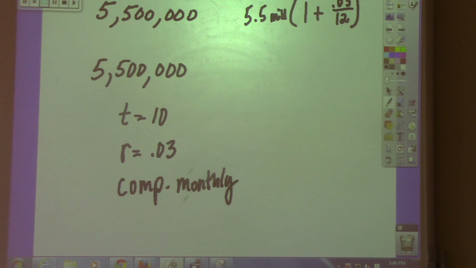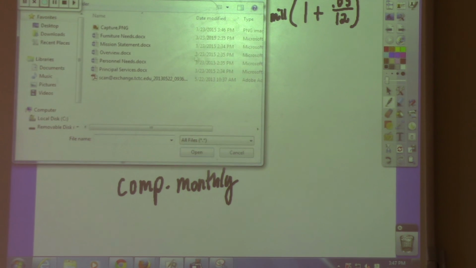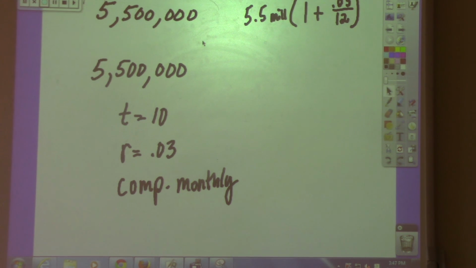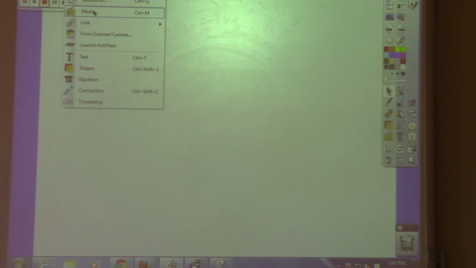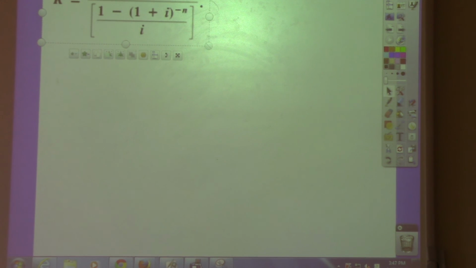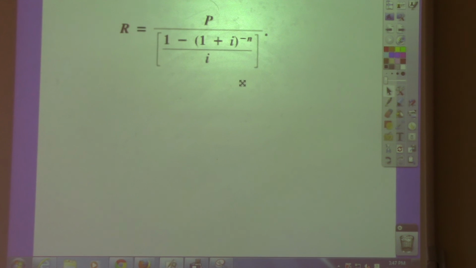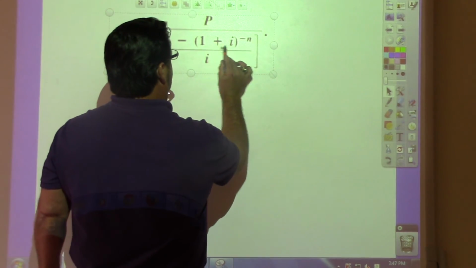Okay, so let's take this one. There he is. The only thing I'm going to do different is rewrite it, because I don't like the way it's written. You see this right here?